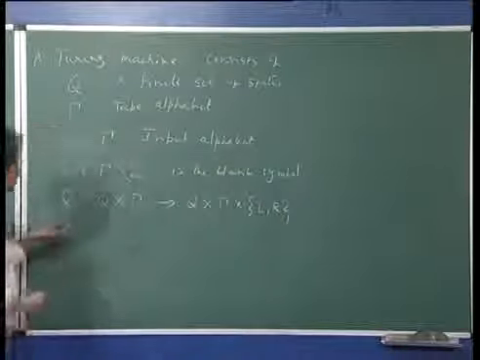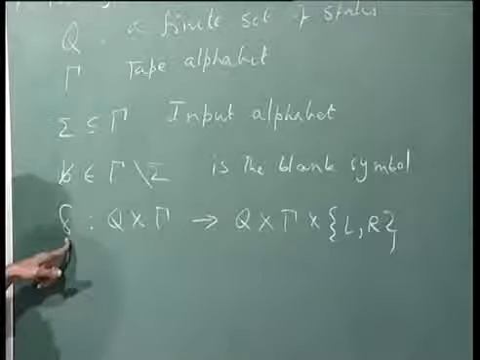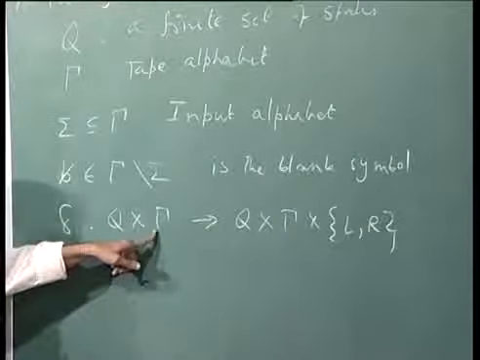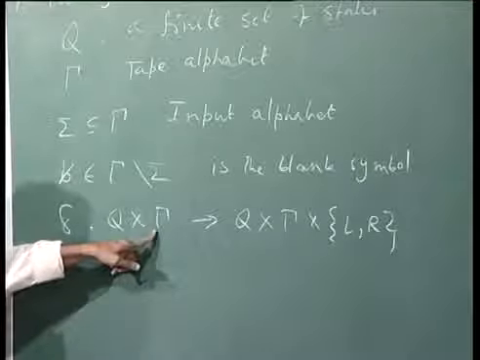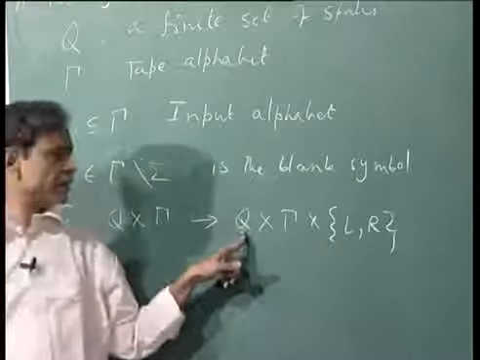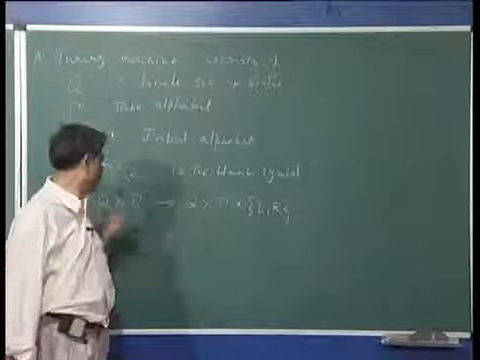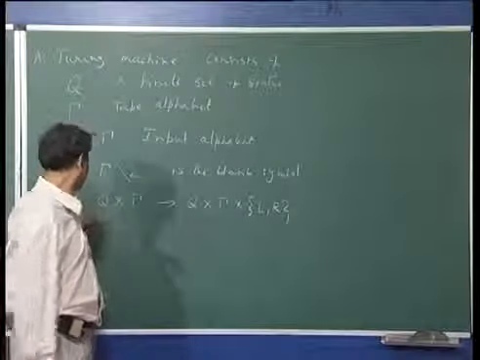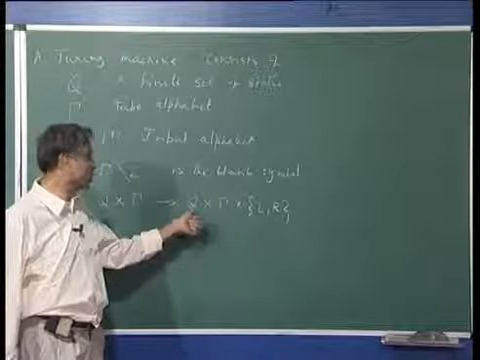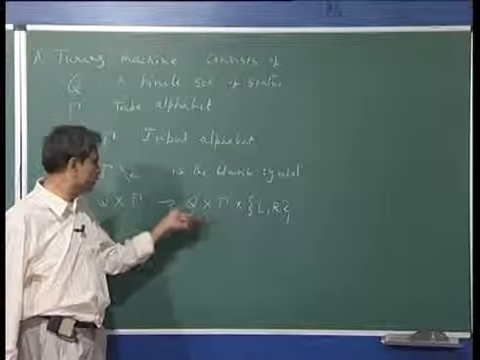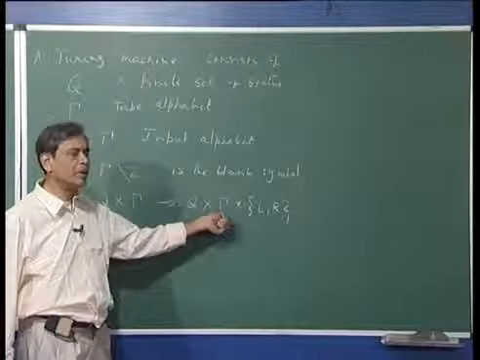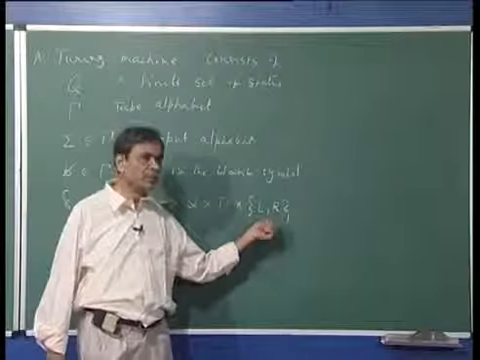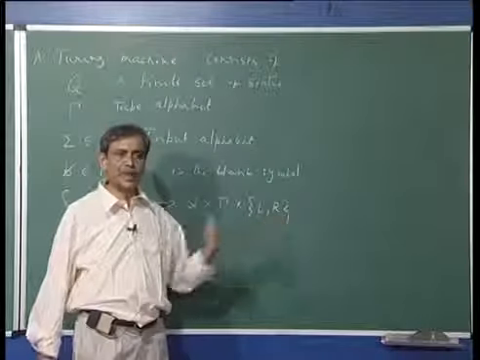Therefore, the transition function is a mapping from the set of states crossed with the set of tape symbols. Given a present state and the present symbol being scanned, it should tell you the next state, therefore this component is Q, the symbol being written, therefore this we write, and the move, so one of left or right.